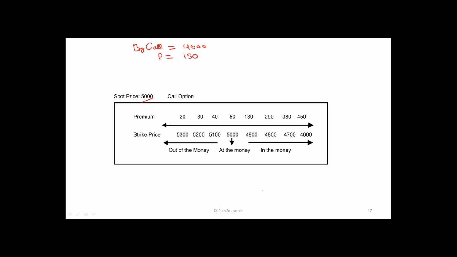So I put a minus sign here because when you buy a call you have to pay. Now when you buy a call, somebody is selling the call option.